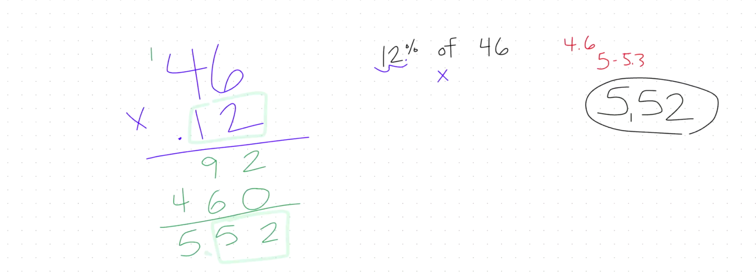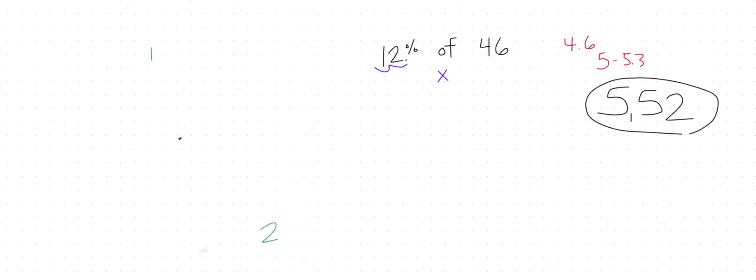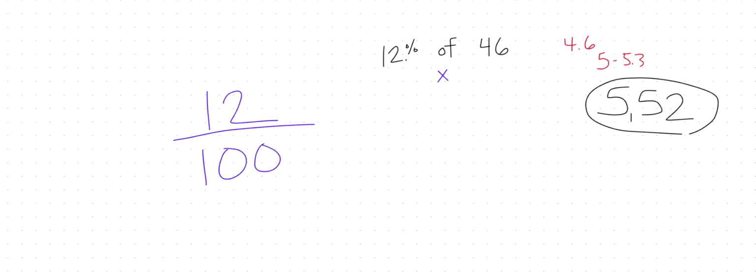So now we're going to do the same thing, 12% of 46, and we're going to do the fraction method. How do I make 12% into a fraction? Percent means per 100. So 12 out of 100. What does that look like as a fraction? 12 out of 100, 12 hundredths times 46.